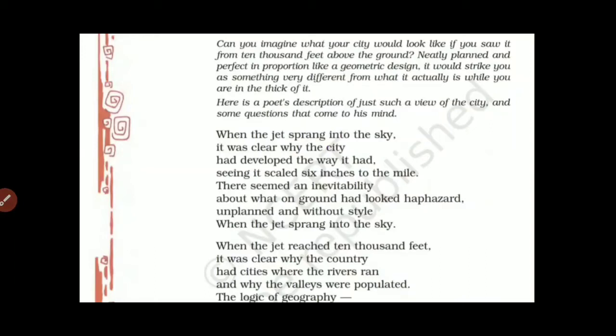Seeing it scaled 6 inches to the mile. When the jet plane was moving fast, from the window the view was such that every mile looked just like 6 inches to the author. It seemed very, very tiny when the plane was moving high above in the sky.